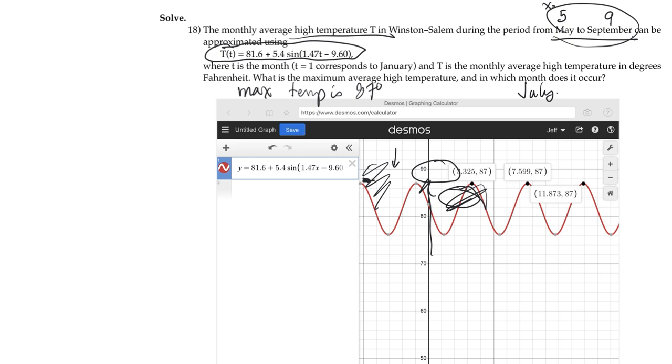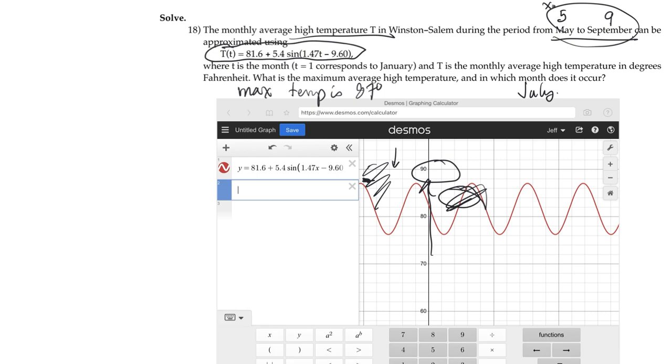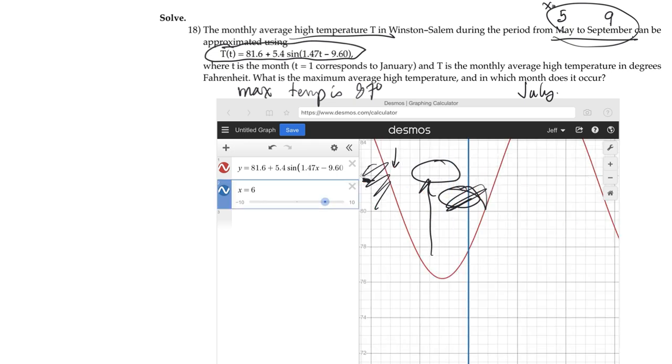They could have also asked, what's the lowest temperature? You could tap on the lowest temperature. It looks like 76.2 would be the lowest. Another question they could have asked is, what will be the temperature on June 1st? June is the 6th month, and since the months are x, I would type in x equals 6. There it puts a line, and then I try to figure out where that line crosses the graph.